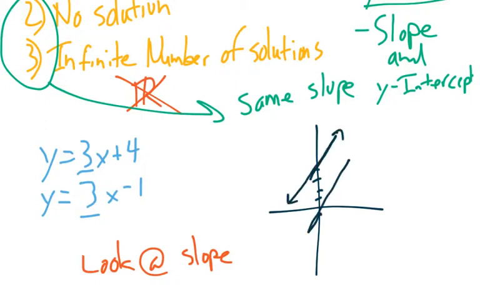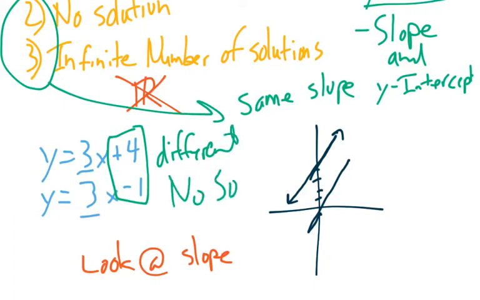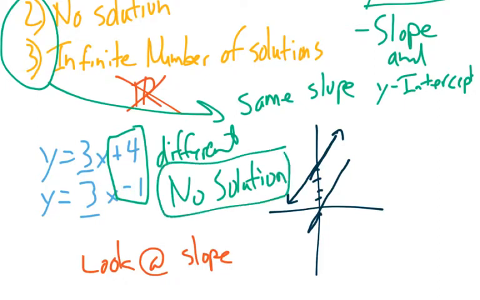They're lines that will never ever intersect. So if the slope is the same, but the intercepts are different, we have no solution as the answer.